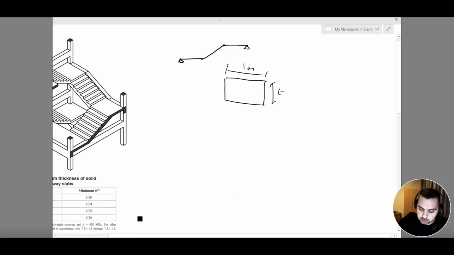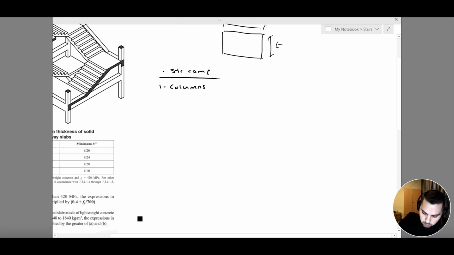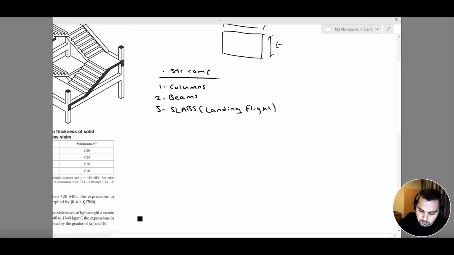The structural components are: one, columns; two, beams; and three, slabs, which can be for landing and flight.